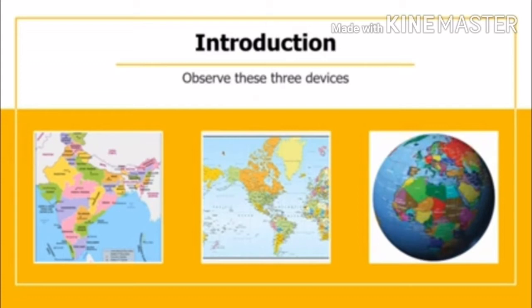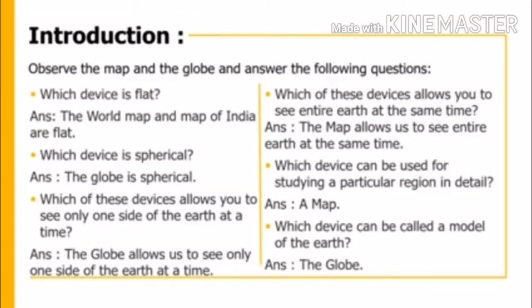After observing these three images, we are going to give answers to 6 questions. Here questions and answers are given. Which device is flat? Yes, world map and map of India. Which device is spherical? Globe is spherical. Which of these devices allows you to see only one side of the earth at a time?